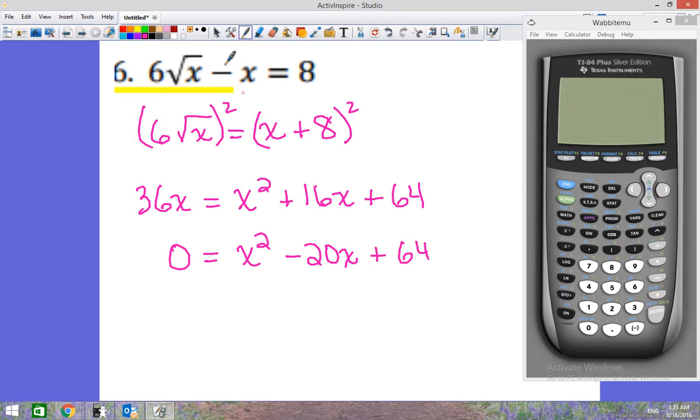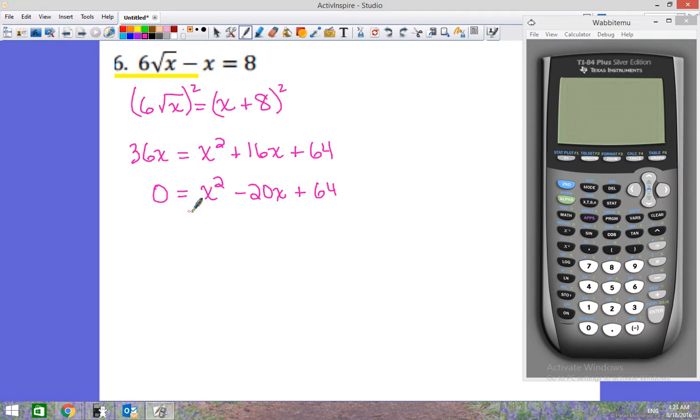So the leading coefficient is 1. And 64, you know, 2 to the 6th power, you've got a lot of factors of 2 to search through and find the right combination. But I believe, and since that's positive and the middle term is negative, I know it's going to be a negative and a negative.